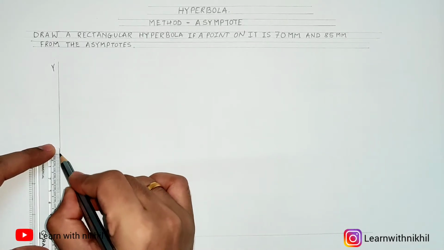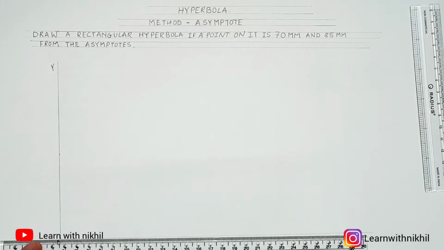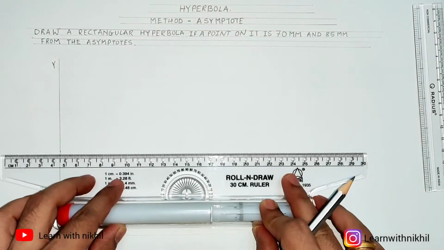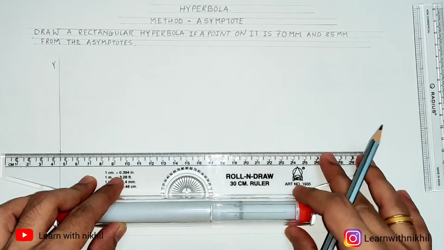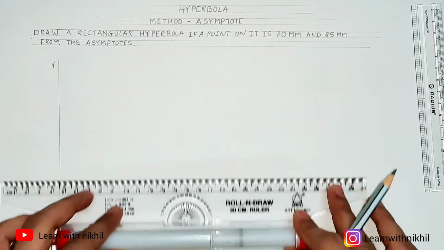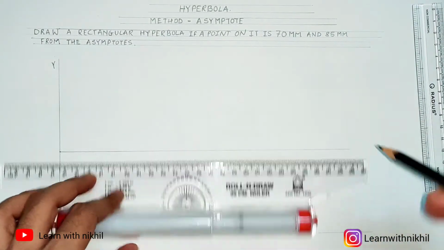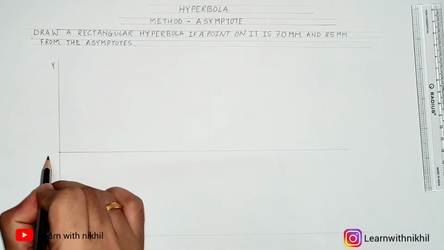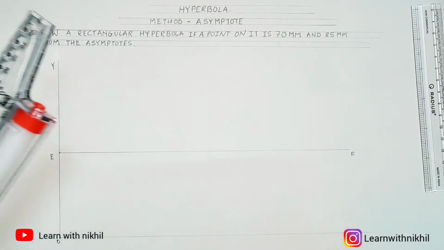From the OX line we will mark a point 70 millimeter, and from the OY line we will mark a point 85 millimeter. Here we have marked a point 70 millimeter above, and through that point we will draw a straight line parallel to OX and mark it as EF.